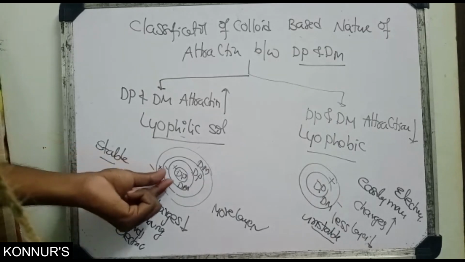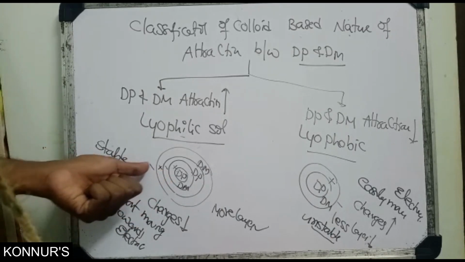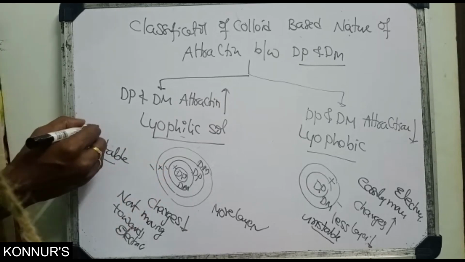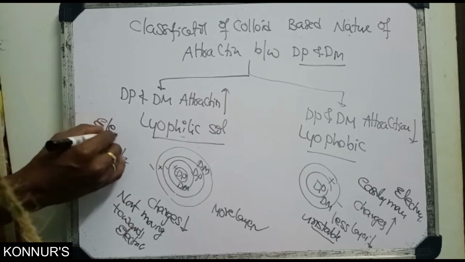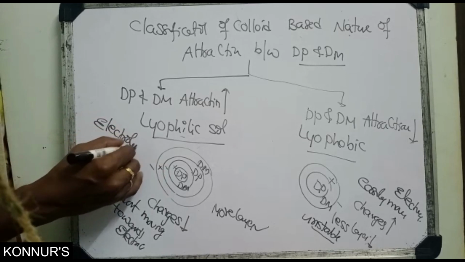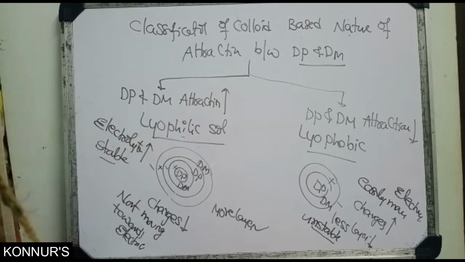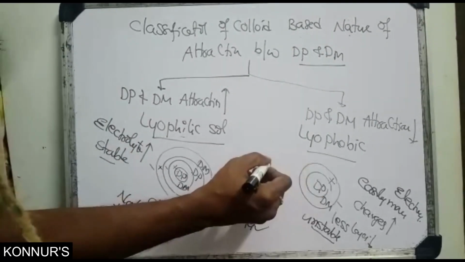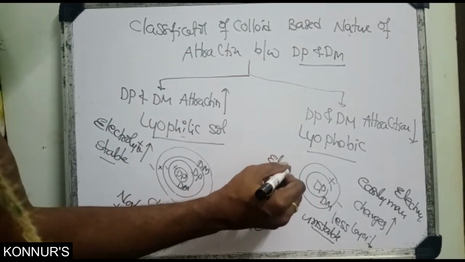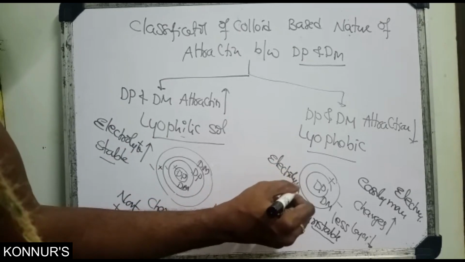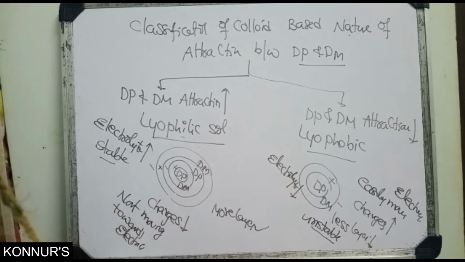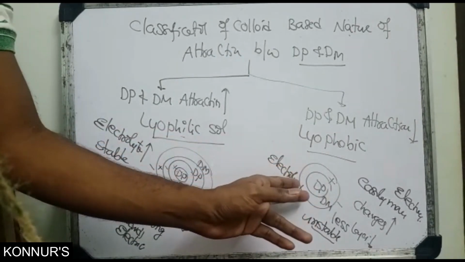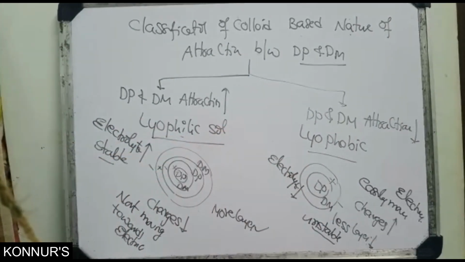If you want to remove the layers, negative layer, positive layer, continuously, more electrolyte is required to separate the DP and DM. Here there are only 2 layers, so a less amount of electrolyte is required to separate the dispersion phase and dispersion medium.